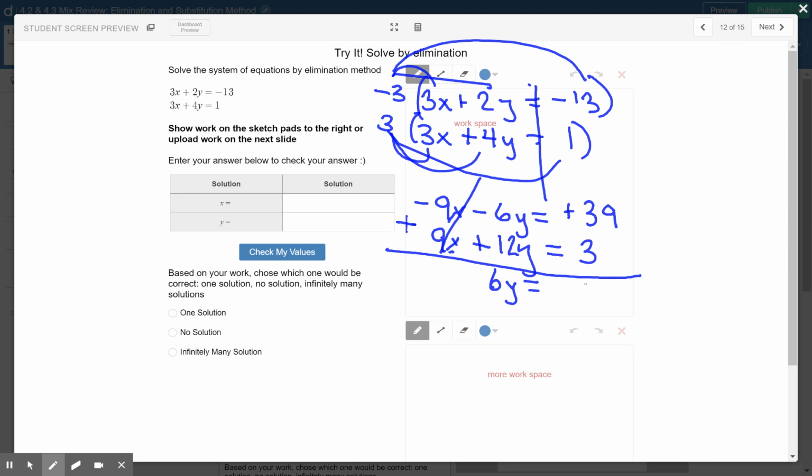And then 39 plus 3 will get you a 42. And then divide by 6. We're going to get y equals 7.